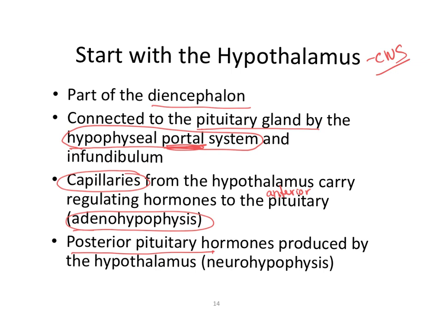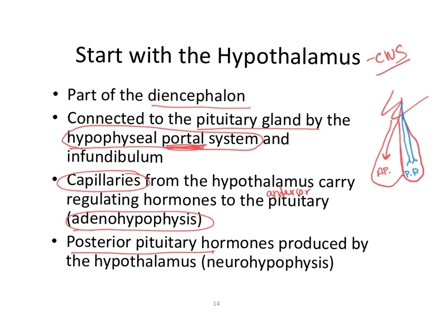All right, so your hypothalamus is sitting up here. Your pituitary gland is sitting right here. And we've got two different parts of it. So capillaries are going to send signals to the anterior pituitary, and instead we're going to use neurons to carry signals to the posterior pituitary.